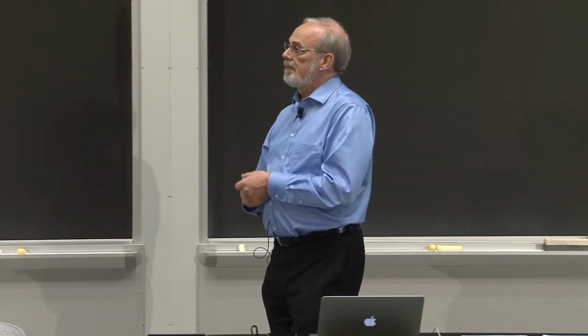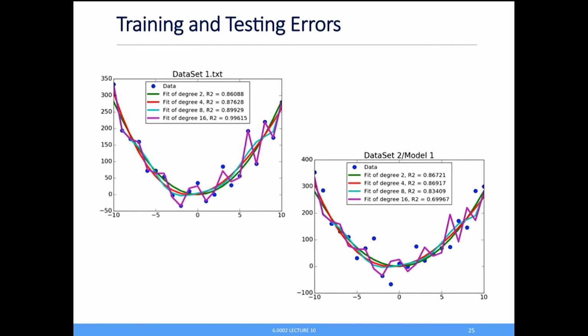You can see it here. Right, the upper left is my training data, data set 1. There's the set of models. This is now taking that and applying it to a different data set from the same process. And notice, for the degree 2 polynomial, the coefficient of determination, 0.86, now 0.87. The fact it's slightly higher is just accidental. But it's really about the same level.